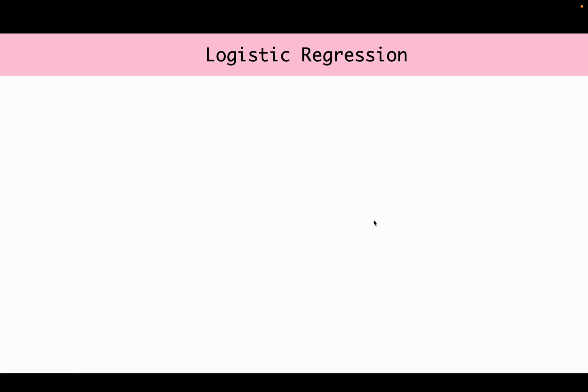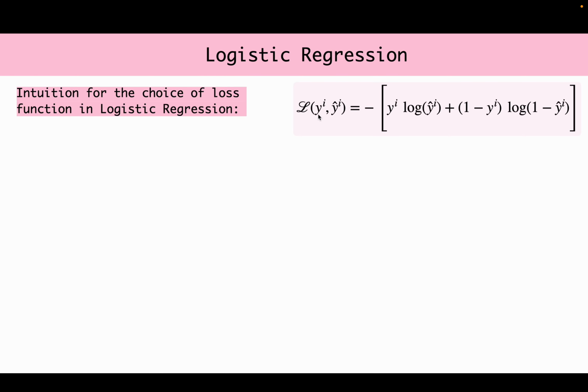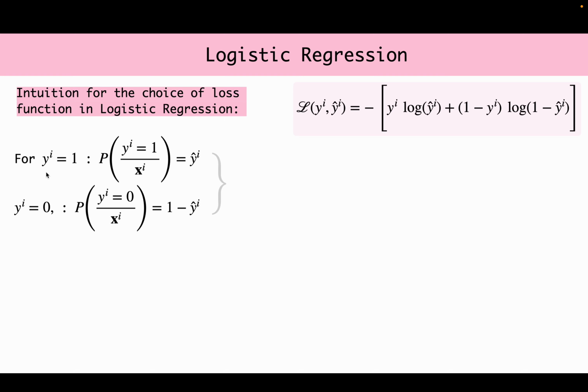Let us discuss the intuition behind using cross entropy as the loss function. Here L denotes the loss between y and y cap for the ith example. As we know, in logistic regression we do binary classification and we expect to have two classes as the output, noted using 0 and 1.